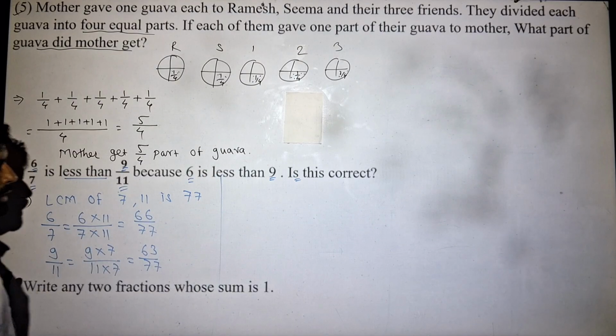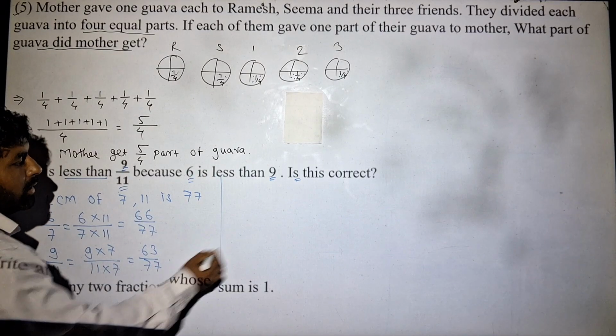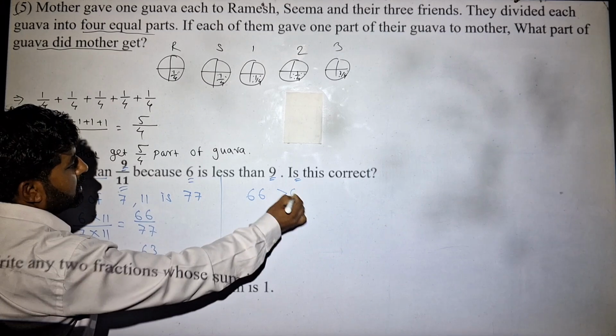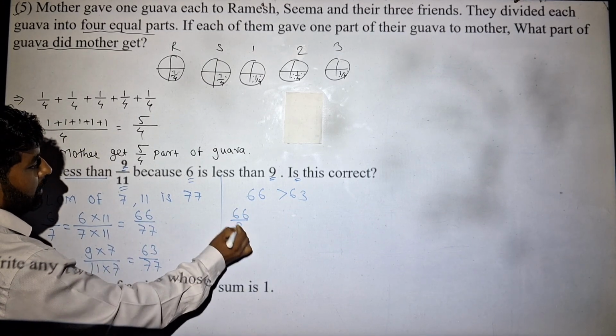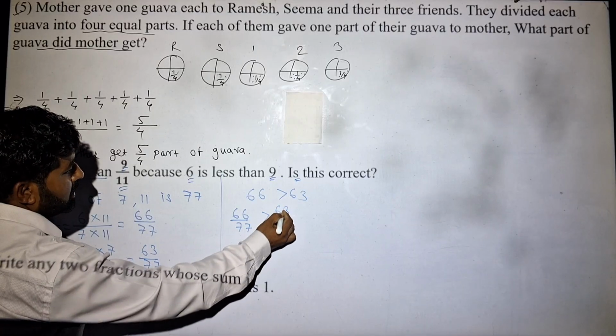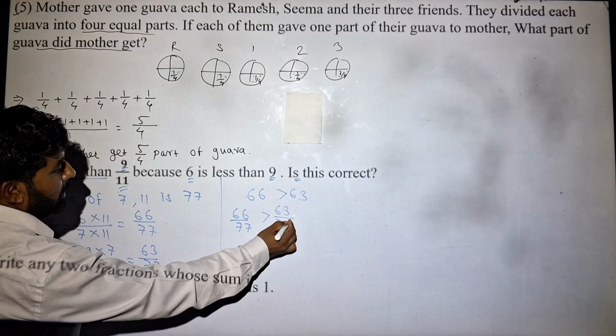Out of both, we observe the numerators 66 and 63. 66 is greater than 63. Therefore, the fraction 66 upon 77 is greater than 63 upon 77.